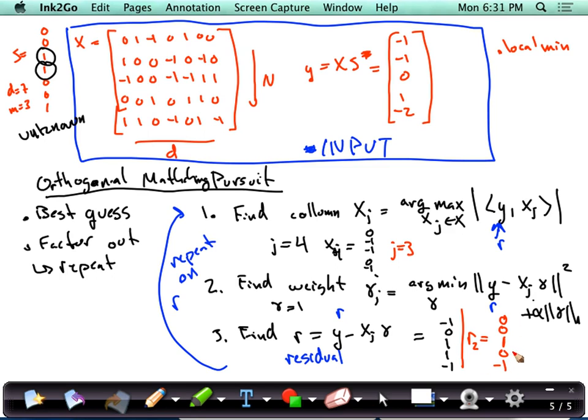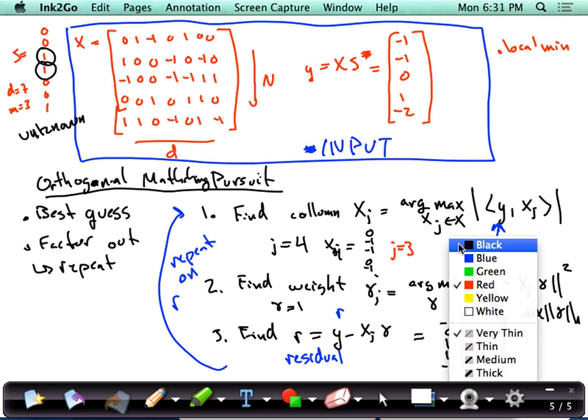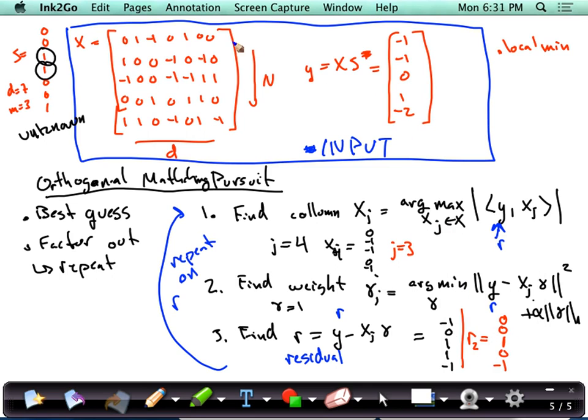And now if I looked at the best value the third time around, I'm going to get j equals 7. Turns out, if I look at the 7th column here, it's going to be 0, 0, 1, 0, -1. It gives me a norm of 2 again. It matches it perfectly. If I used anything else, I couldn't get any more than that.